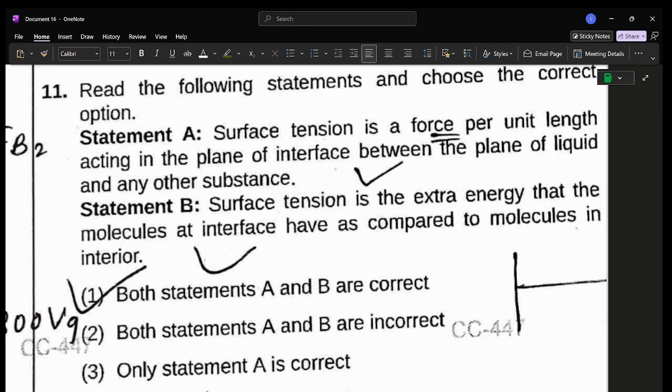So it's going to be work done by area, which is joule per meter square. Work done by area, surface energy. Basically, energy by area. Fine. And surface tension is force by length. Okay, it kind of makes sense right now.